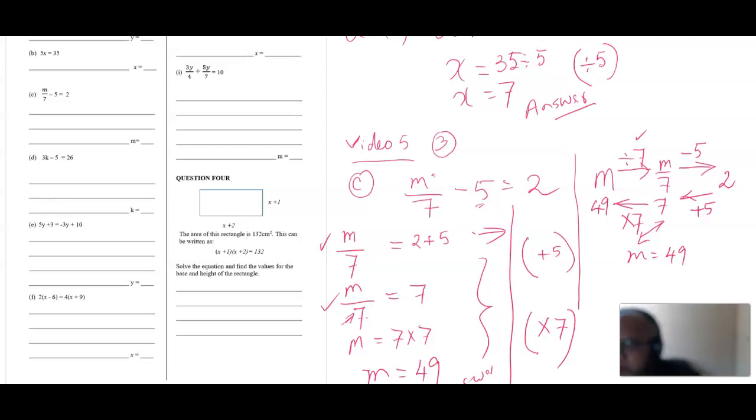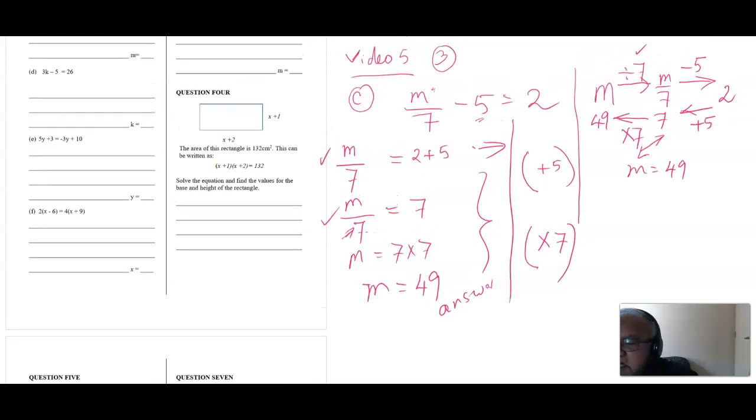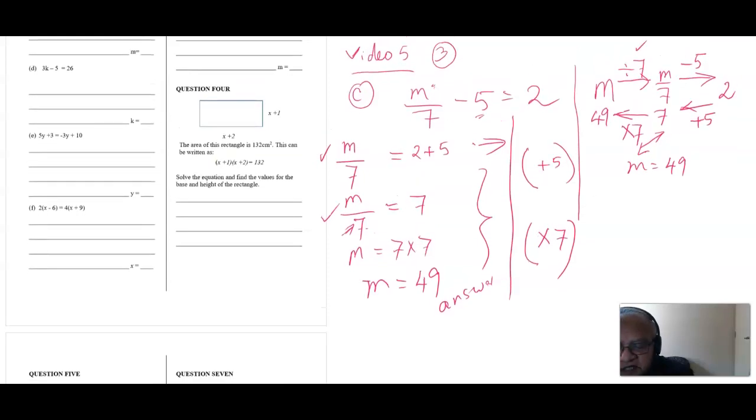All right, let me see if I can show you one more before I stop this video. Right, so D is 3K. It doesn't look like a 3, so I'm going to erase it.